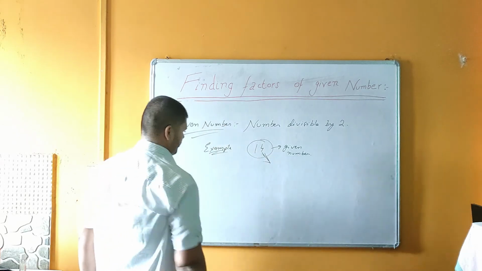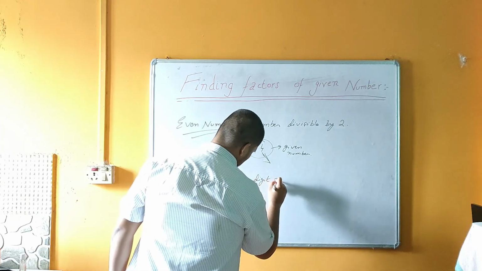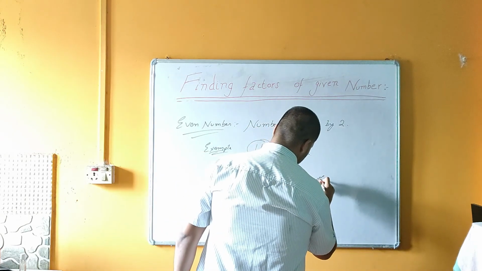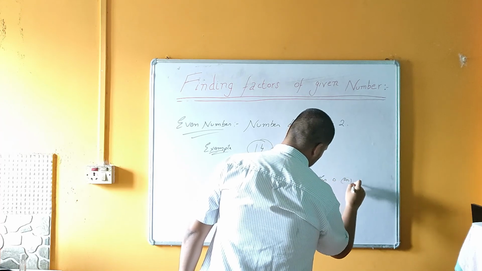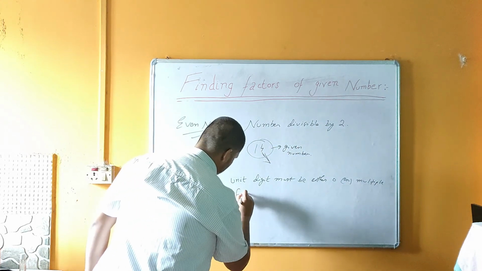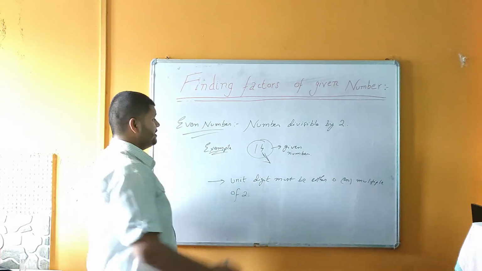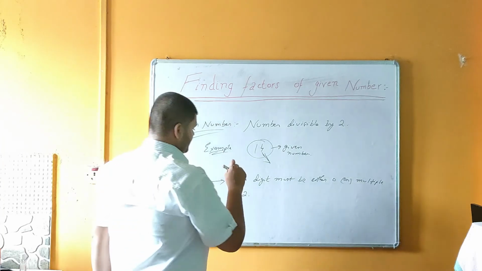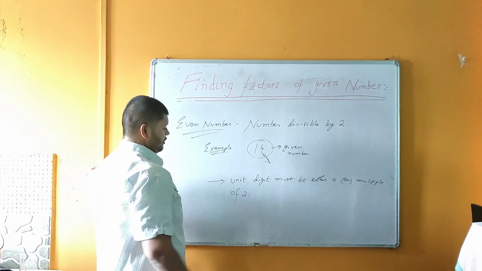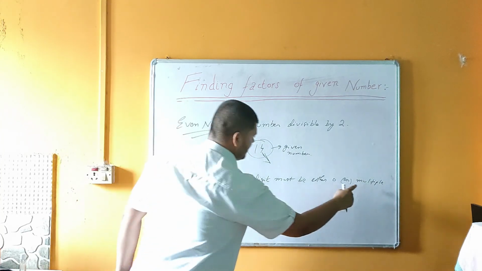Here the unit digit is 4. The condition is that the unit digit must be either 0 or a multiple of 2.